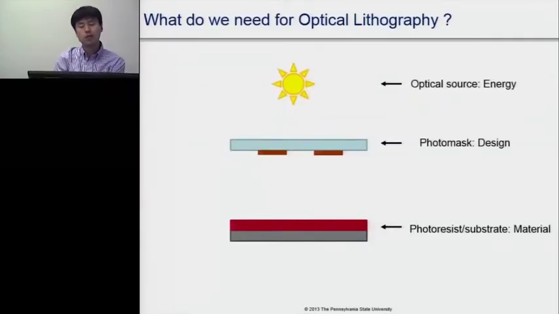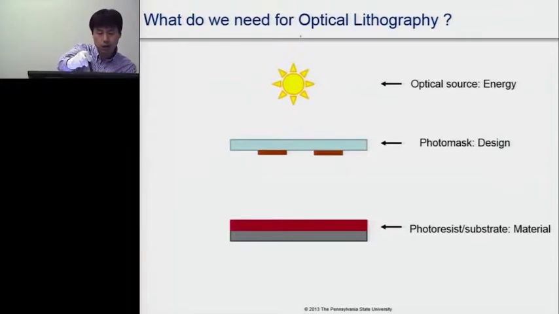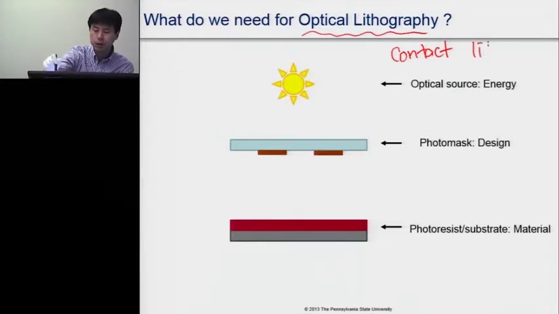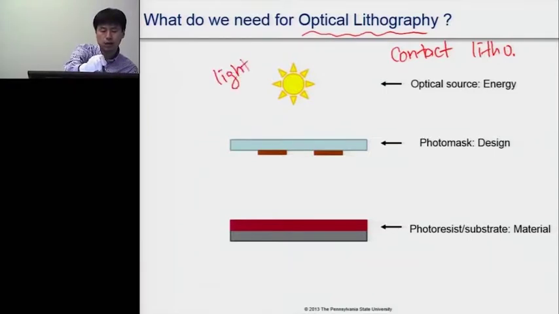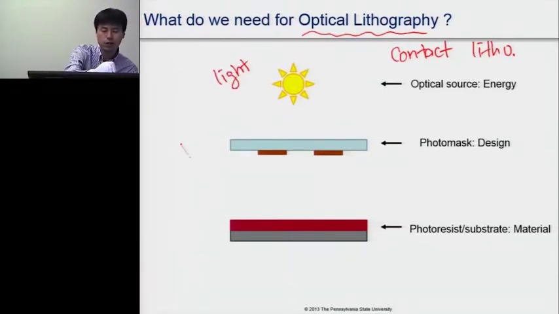For this kind of optical or contact lithography, what do we need? We need a light source, a physical mask, and then the material.